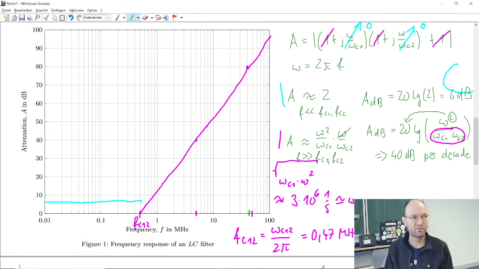And above this, the attenuation is getting smaller once again and only increases with 20 dB per decade, starting from our corner frequency, right? And 20 dB would be somewhere here and somewhere there, and so then continue like this. So for the very high frequencies, we would get something like this.